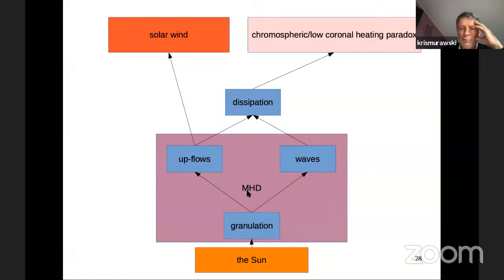The magnetohydrodynamic model can work because we have some dissipative mechanisms like viscosity, magnetic resistivity, and bipolar diffusion, which results from partial ionization.